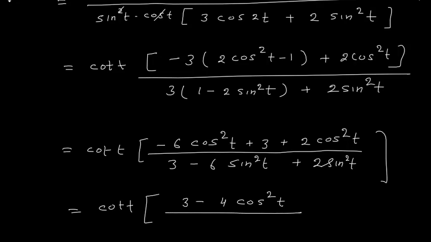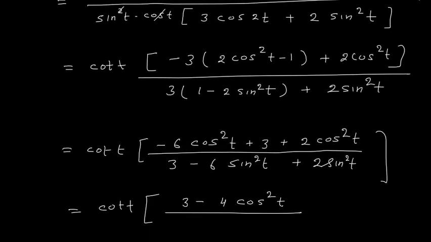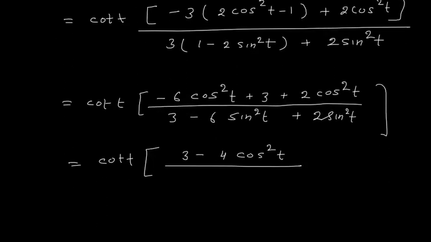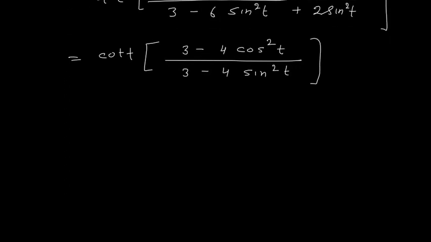Divided by, in the denominator I have 3, this 3 is plus 1 minus 2 sin square, this is minus minus plus, okay. So here in the denominator I have 3 minus 4 sin square t. So the numerator is 3 minus 4 cos square t, and the denominator is 3 minus 4 sin square t.